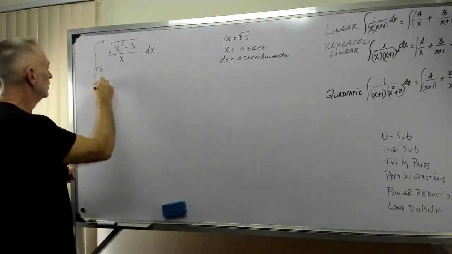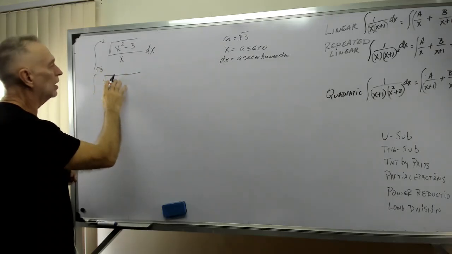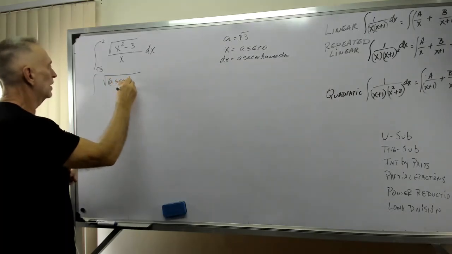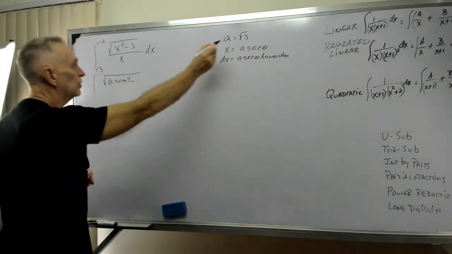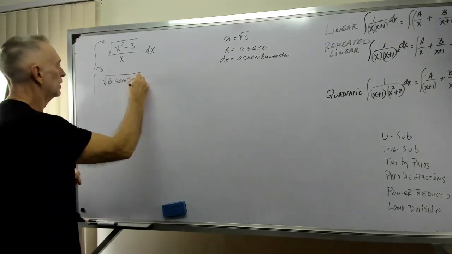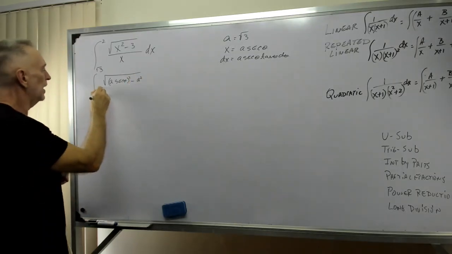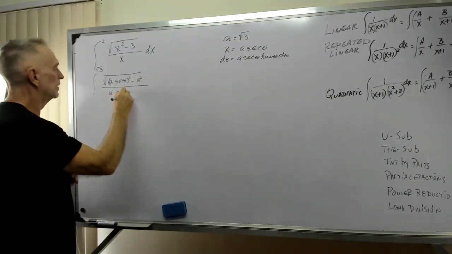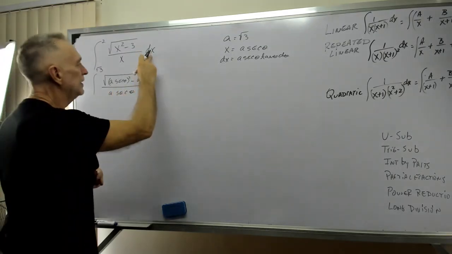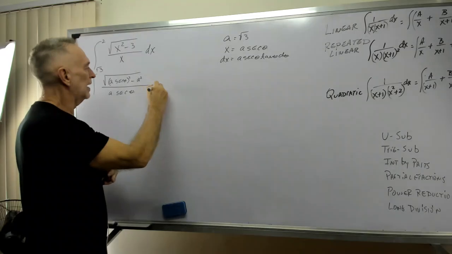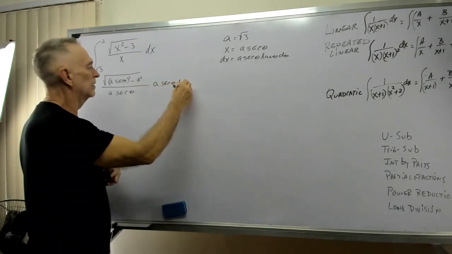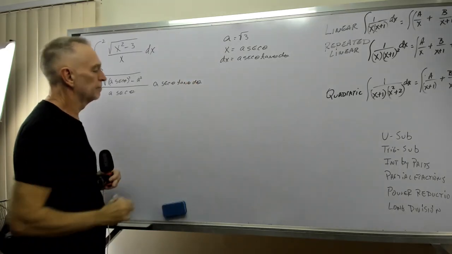So we have the square root of x squared, and x is a secant theta squared, minus 3, which is a squared, over x, and x is a secant theta. dx is a secant theta tangent theta d theta.